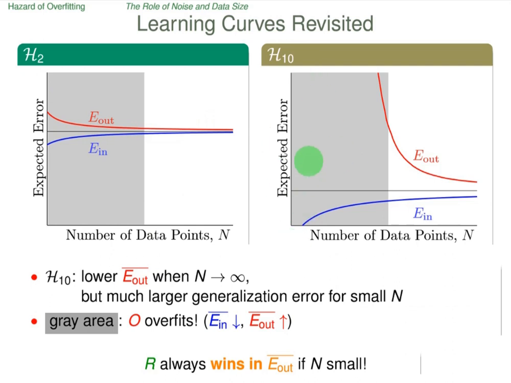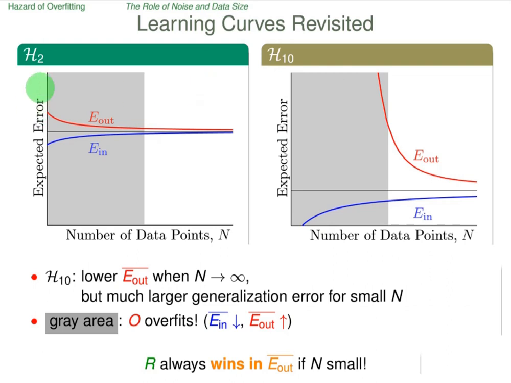On the right-hand side here, we see the performance of the tenth order polynomial, similar in terms of in-sample error and out-of-sample error. The gray region shows the overfitting region, where in-sample and out-of-sample error diverge.